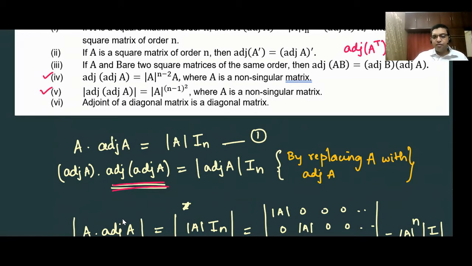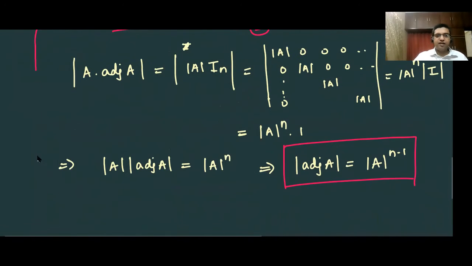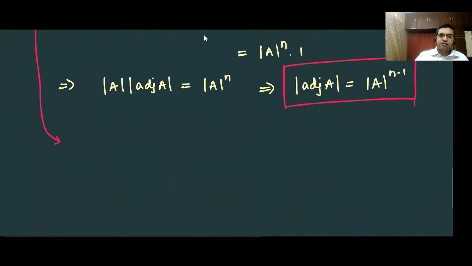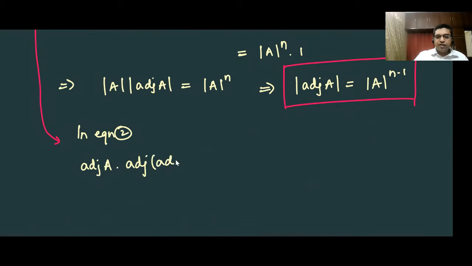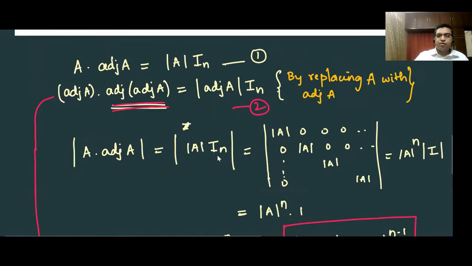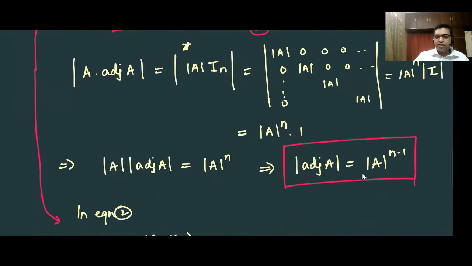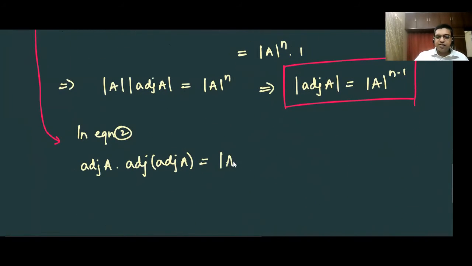Determinant of adjoint A. So this equation 2 we can now write like this: adjoint A times adjoint of adjoint A is equal to determinant of adjoint A times In. And determinant of adjoint A is determinant A to the power n minus 1, times In.